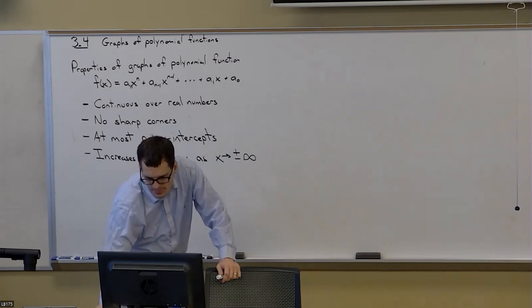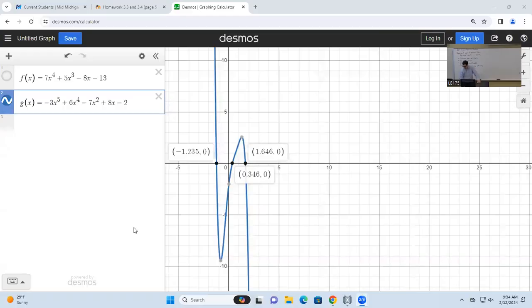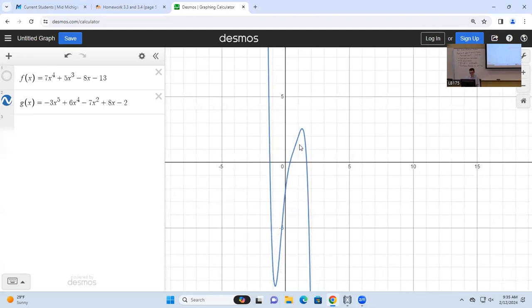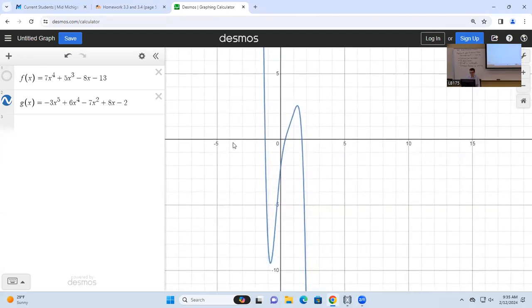All right. Now I want to discuss graphs of polynomial functions. So we'll look at this. This was the degree 5 polynomial we had up earlier. Zooming into the most interesting section. As you move to the left, it just shoots off to infinity.